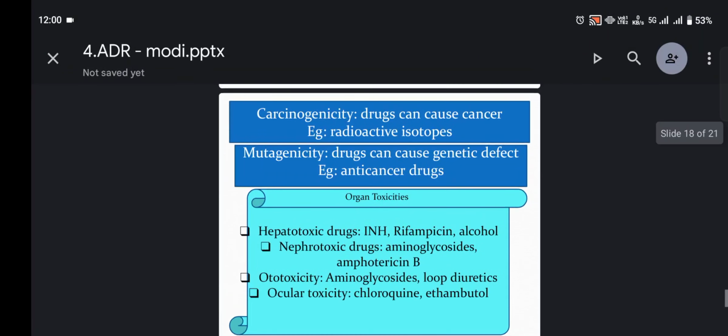Everybody knows. The last few parts are carcinogenic, meaning a drug that can cause cancer, for example radioactive isotopes. Next one is mutagenic. Mutagenic means a drug that can cause genetic changes, for example anti-cancer drugs.